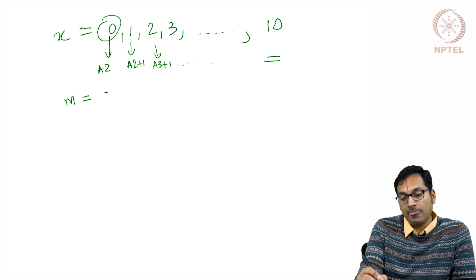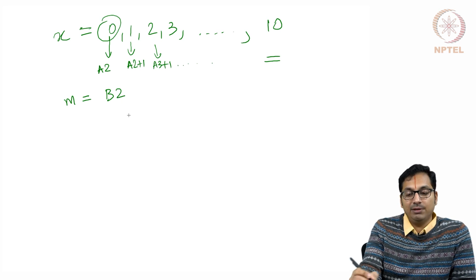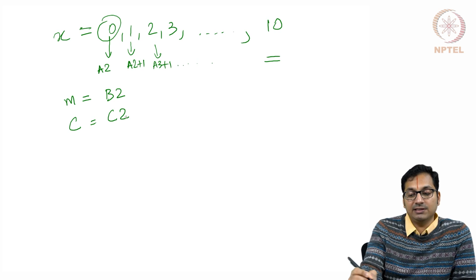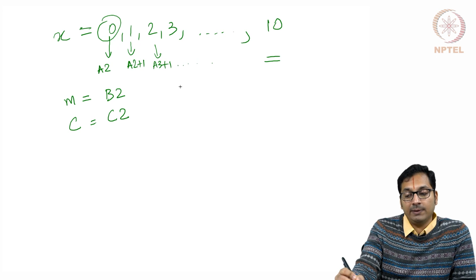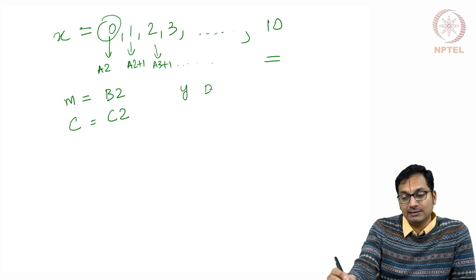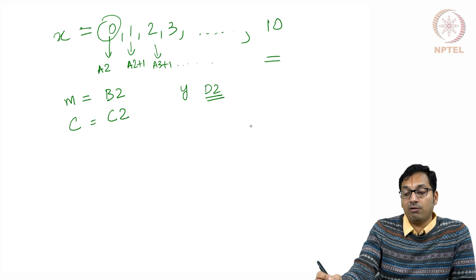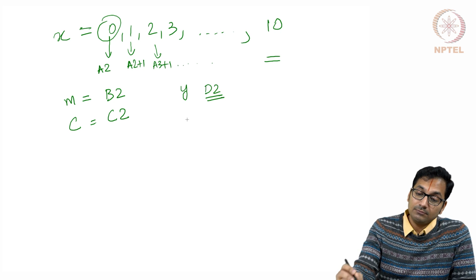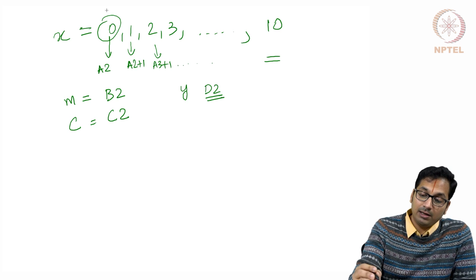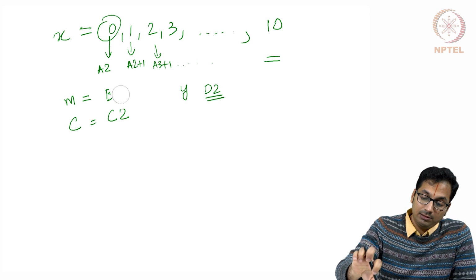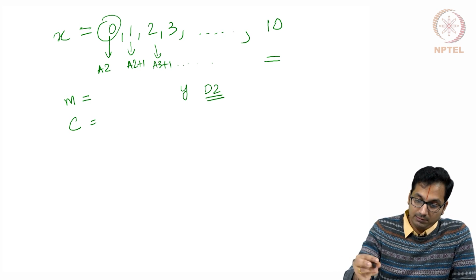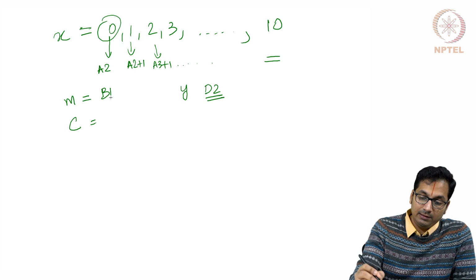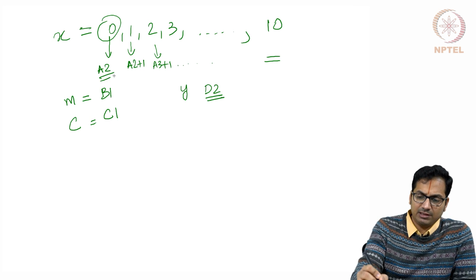Same would be the case if you are trying to use a spreadsheet where you will give m in a certain cell, let us say B2, and c in something like C2. Then we can try to determine all of the y values in, say, the column of D2, where we will try to end up saying, let us say these two are given in B1 and C1, where the values start from A2.